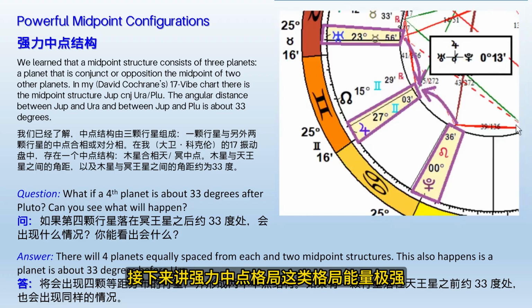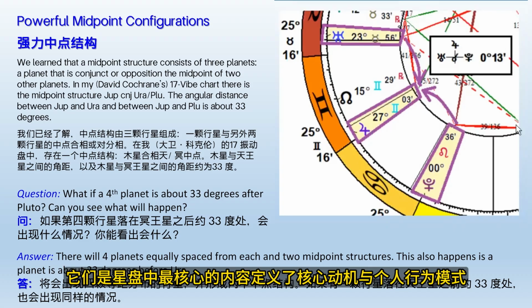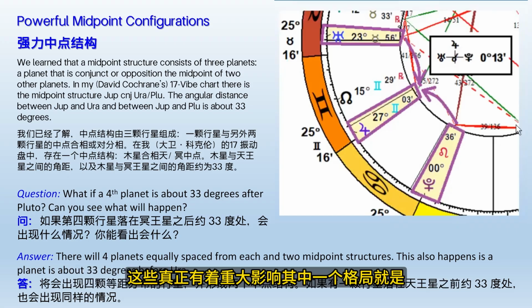Okay, now, the powerful midpoint configurations, and these are extremely powerful. They are among the most important things in an astrology chart. They define the main motivations, the behavior of the person. These are the big things. And one of them is this.